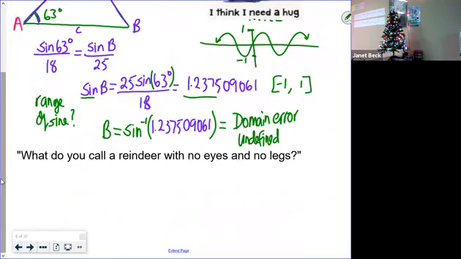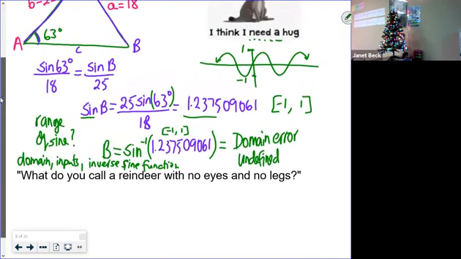And remember, the range of sine becomes the domain, otherwise known as your inputs, into the inverse sine function. The only numbers you can put in here are between -1 and +1. We tried to put in something that was too big. That's why it's undefined.